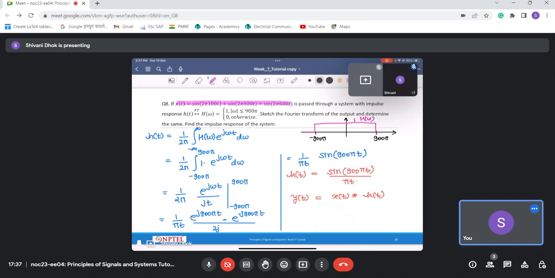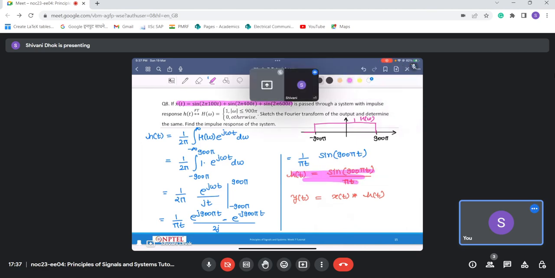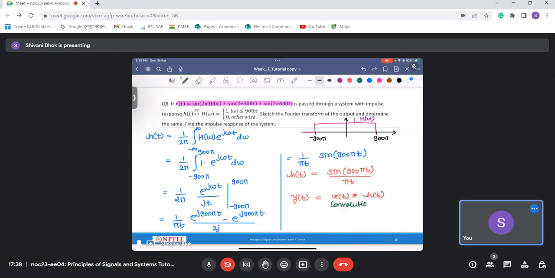This is a summation of three sine functions, and h of t is again a complicated function, somewhat a sinc function. In that situation, this convolution operation is complicated.